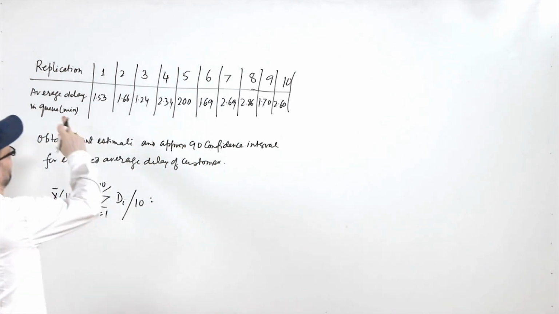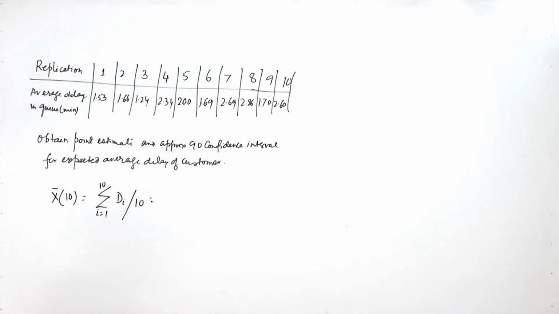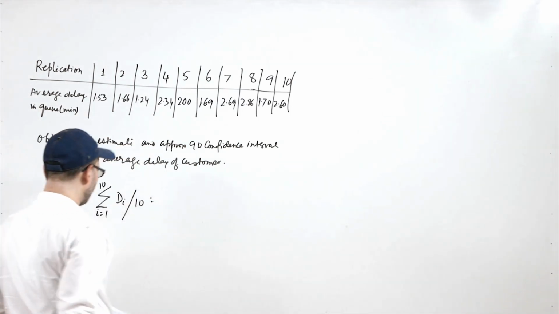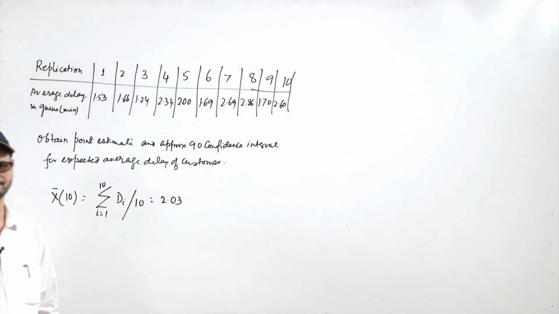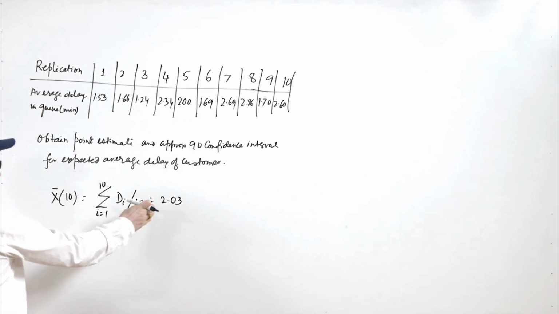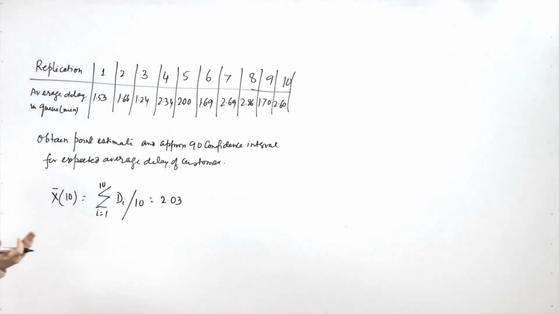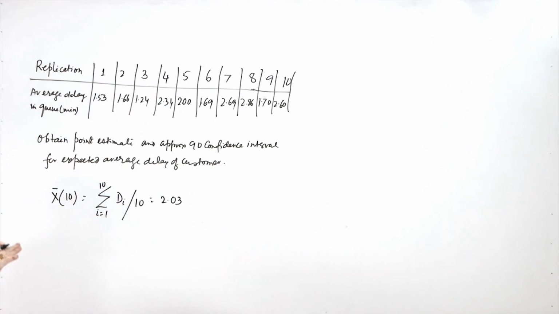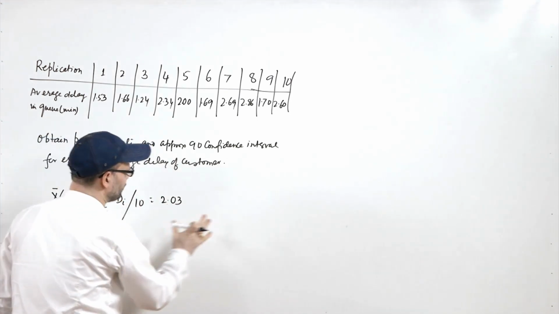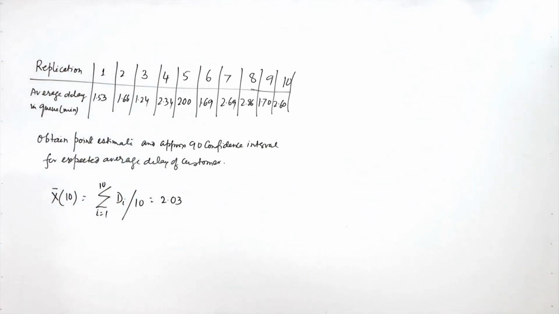Once we add them and divide by 10, we get 2.03. Now, we have to find the confidence interval for this value, that is, what the half length should be before it and after it. So, we will have a confidence interval on both sides.